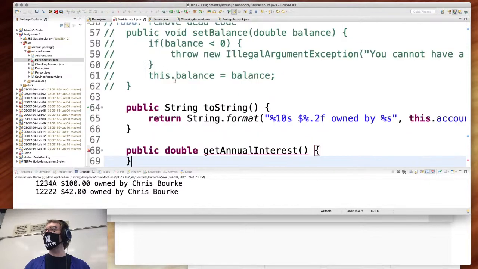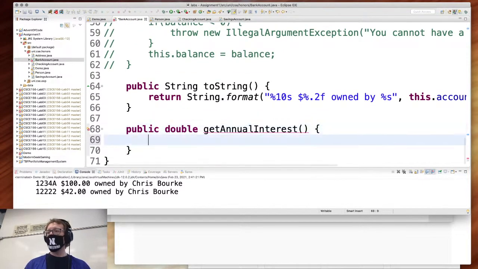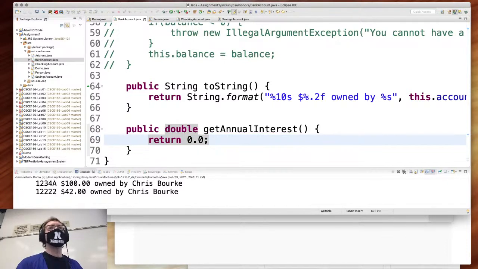What's the problem up here in BankAccount though? Yeah, implementing it. How do I do that? I don't have a formula for a generic bank account. So one thing I could do is return, well, a flag value, 0.